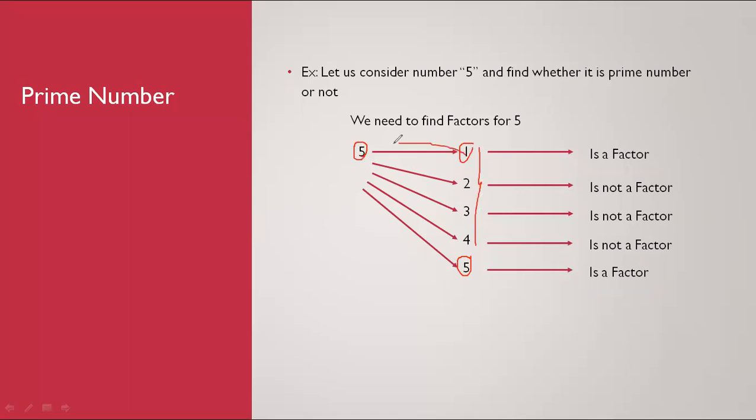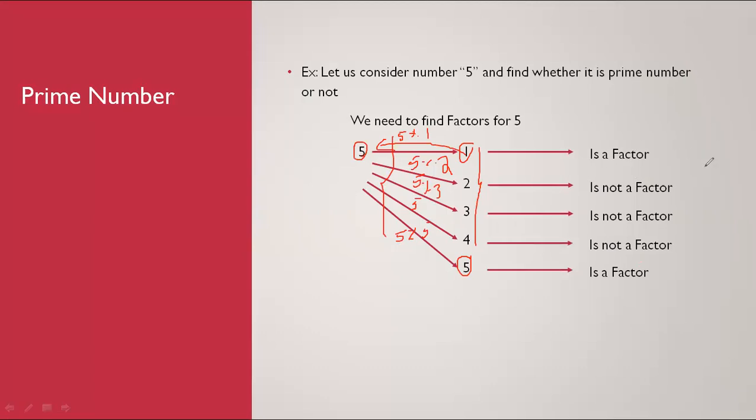Every time the number has to do the mod operation: 5 mod 1, then 5 mod 2, 5 mod 3, 5 mod 4, and then 5 mod 5. So it has to do this for all the numbers and find the factors.